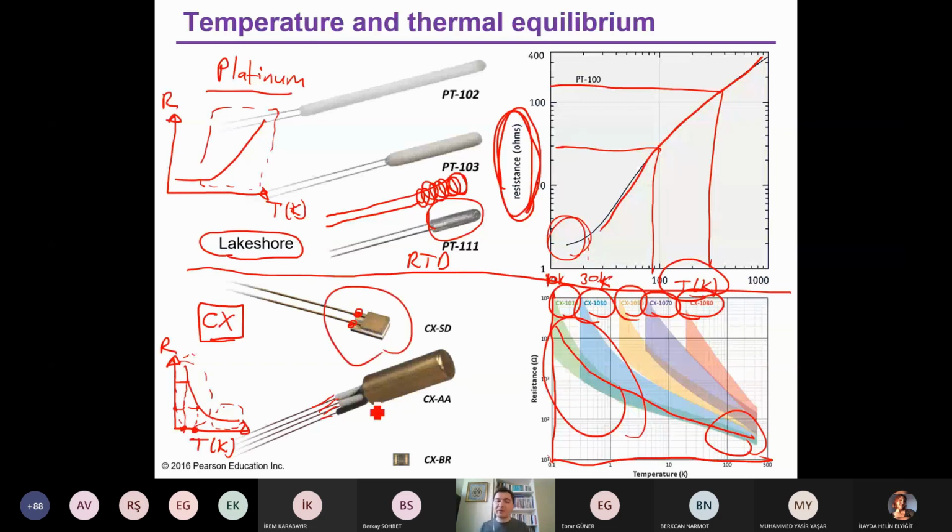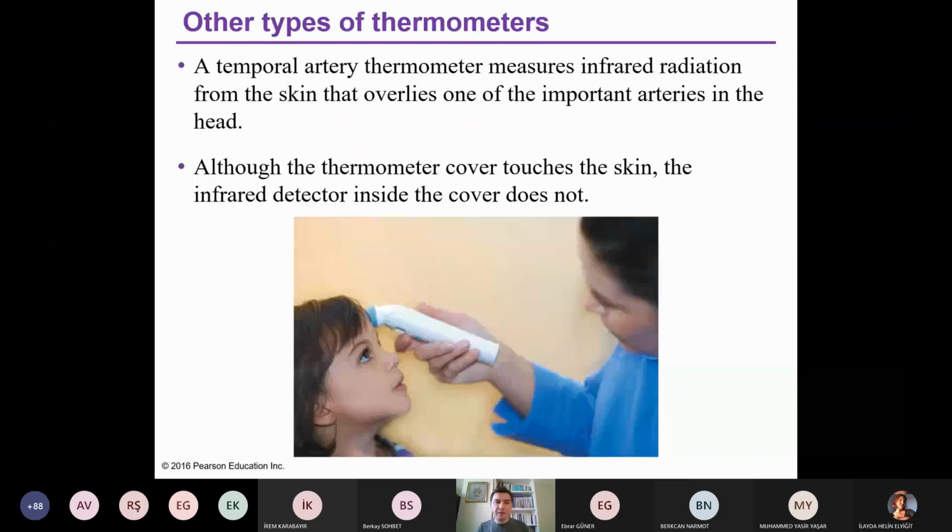So we are talking about temperature, we are talking about thermometers, and these are also thermometers widely used in industry. Very important, very stable thermometers. And there are also infrared thermometers. These thermometers include an infrared detector within the thermometer, okay?